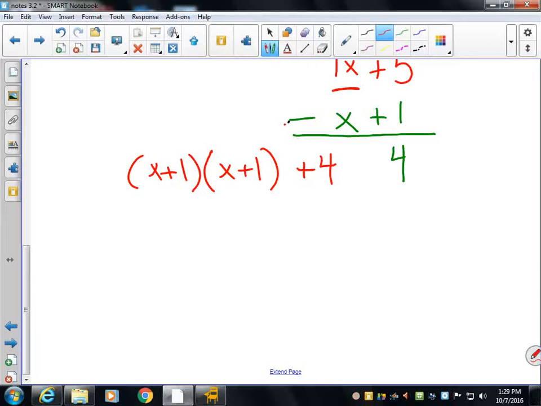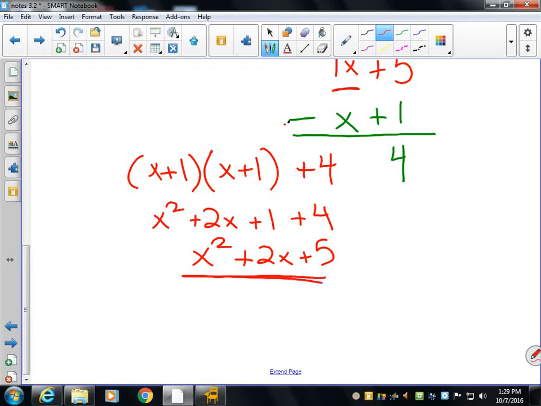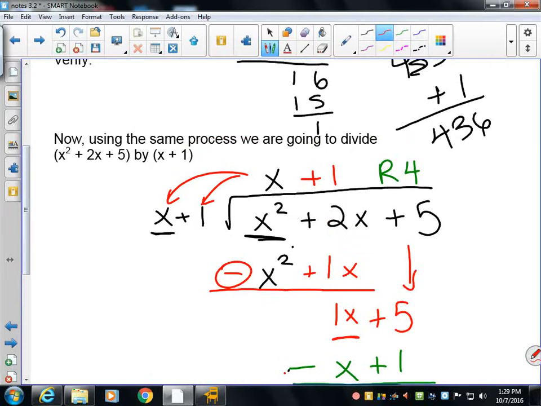Okay? FOIL, x squared plus 1x plus 1x, so 2x plus 1 plus 4 gives me x squared plus 2x plus 5. Is that what was underneath the dividing sign? Okay, this is just to verify, right? What's our real answer here? This is our real answer. The x plus 1 remainder 4. Okay.